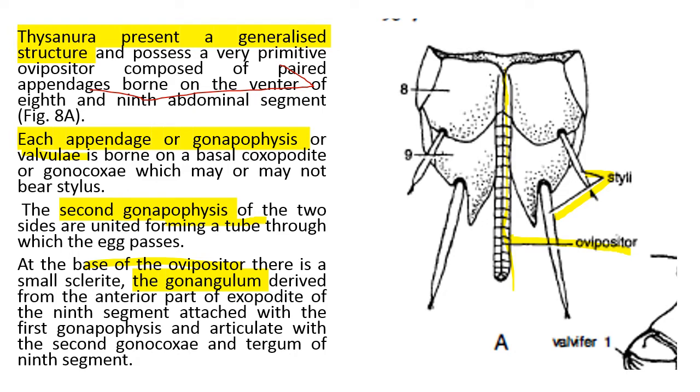Gonangulum is derived from the anterior part of the exopodite of the ninth segment. Every segment has a podite, exopodite, endopodite, and lateral sides. From the outer podite of the ninth segment, the gonangulum arises and it articulates with the second gonocoxa and the tergum of the ninth segment. So this is the modification in the case of Thysanura.